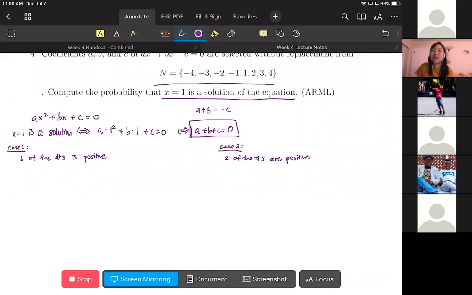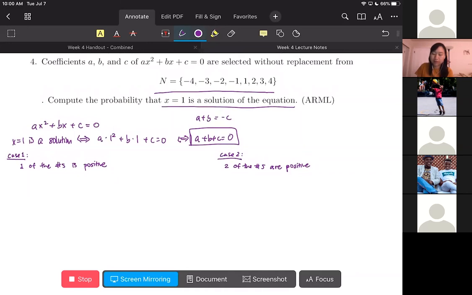What about if the positive number is 2? Can we find 2 negative numbers there? No. Okay, what about 3? Yes. So we can do 3, and what numbers would those be? Negative 1 and negative 2. Okay, cool. That's one set.